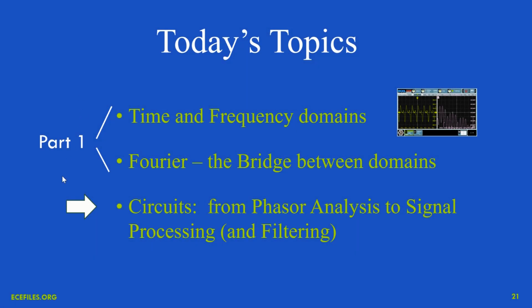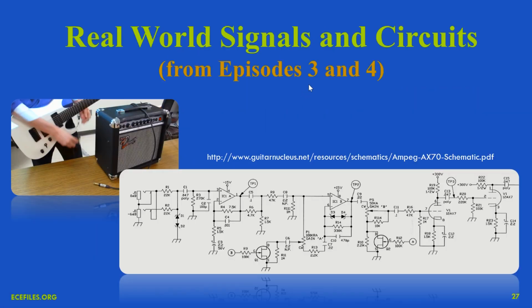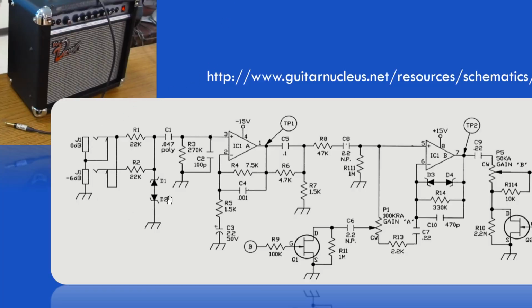Okay, let's get back to circuits. In episodes 3 and 4, we looked at a guitar amplifier circuit with the goal of understanding what all these different components are doing. When we plugged the guitar cable into one of these jacks, it shows up right here as a small voltage.